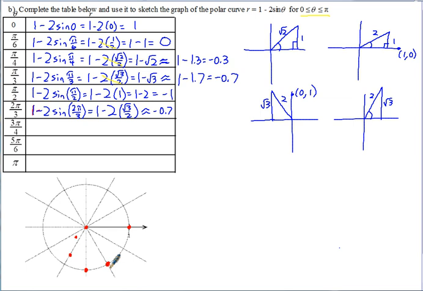Now let's try 3 pi over 4. So 1 minus 2 times the sine of 3 pi over 4. Well, sine of 3 pi over 4 is right here. It's going to be a 1 over root 2, same as root 2 over 2.